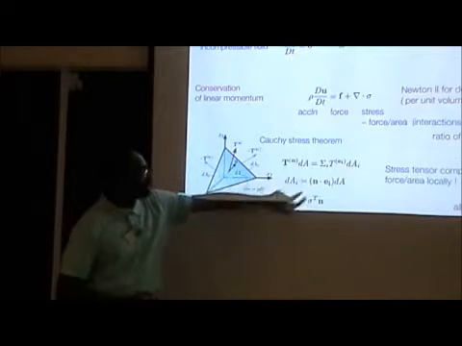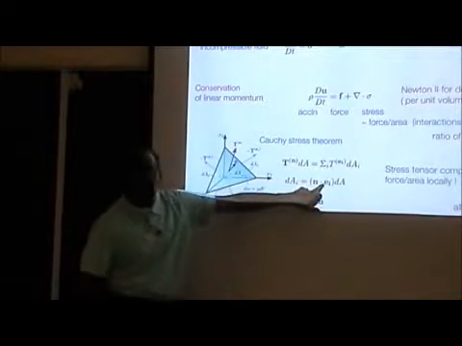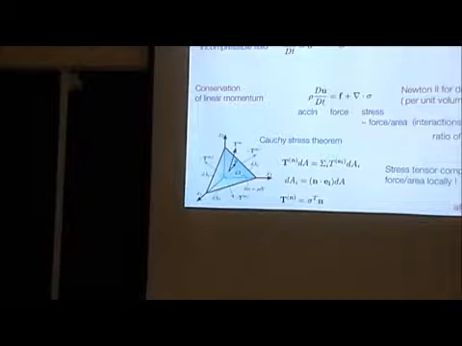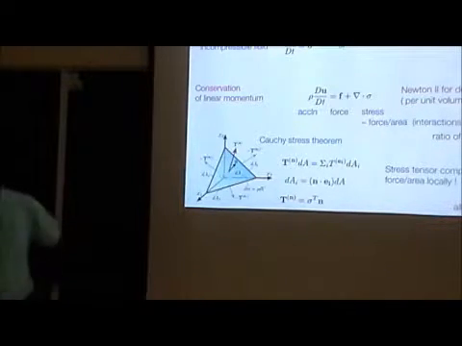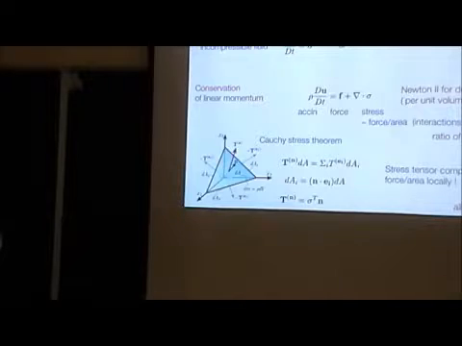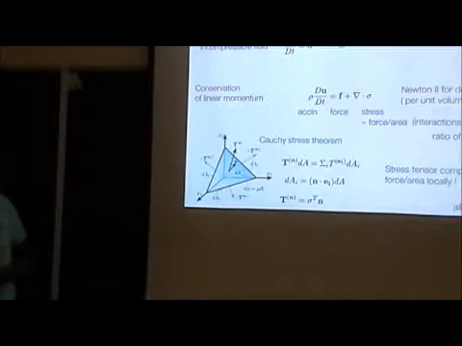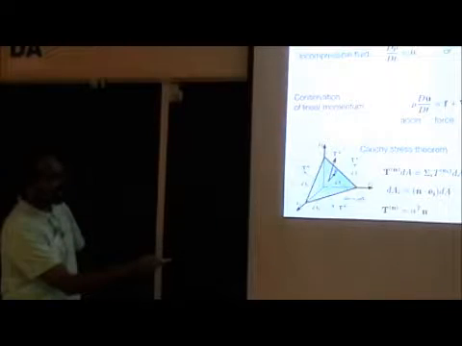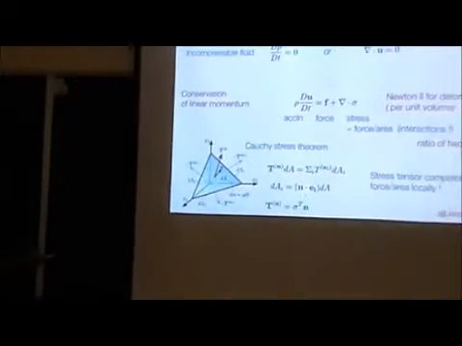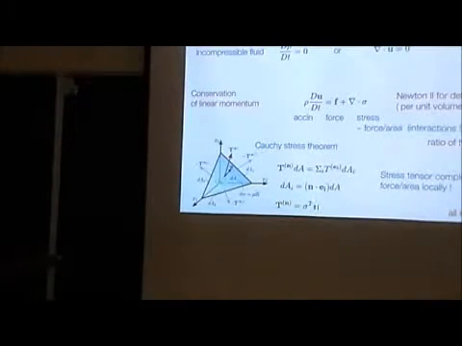These two together mean I can write down dAi like this, which allows me to get around a potential conundrum: I don't know how to write down the force on an arbitrary area unless you tell me the area. What Cauchy taught us is that the force on an infinitesimal area, sometimes called traction, is linearly related, by the projection of a quantity which I'm going to now define called the stress, times the normal.